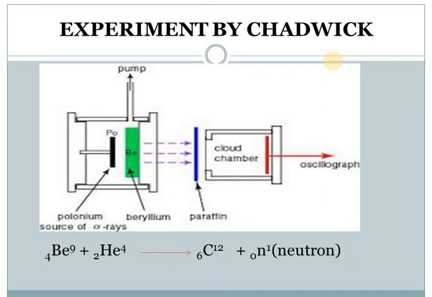In this experiment, an equation is written. You can see that if we take beryllium having atomic number 4 and atomic mass 9, and bombard it with alpha rays, basically what are alpha rays? They are helium nuclei, that is, helium with atomic number 2 and atomic mass 4.